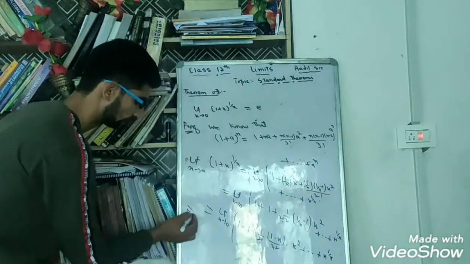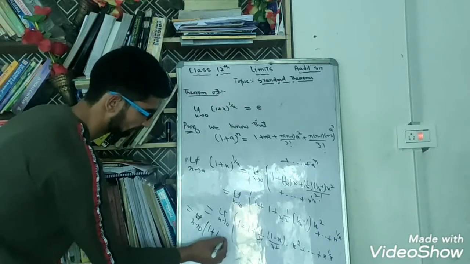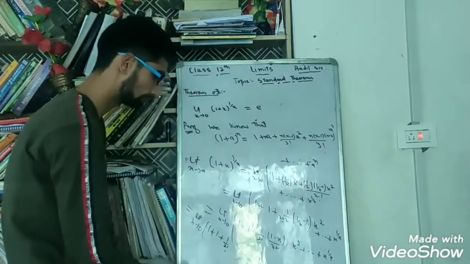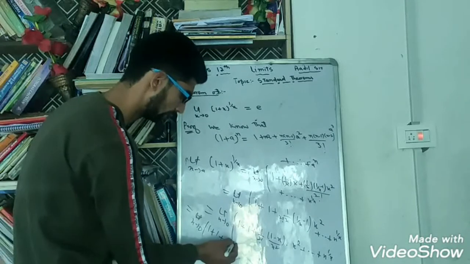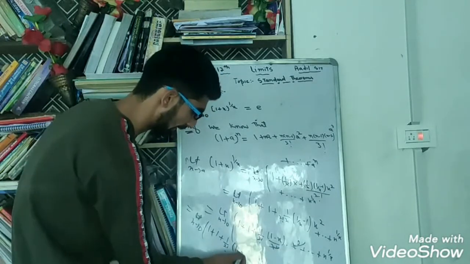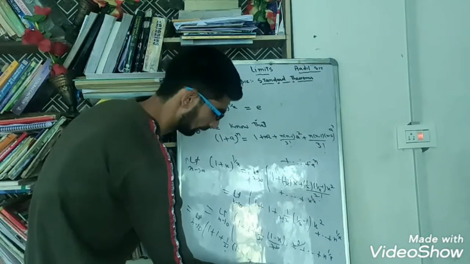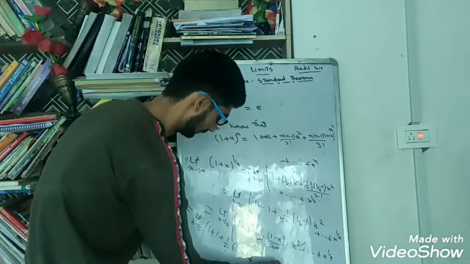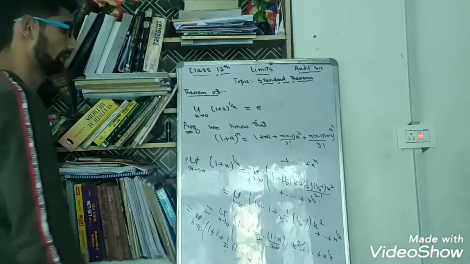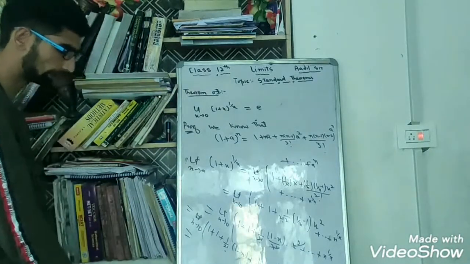So it will be further equal to limit x tends to 0 of 1 + 1 + 1/2! (1 - x) plus so on. Here the x^2 and x^2 will get cancelled.